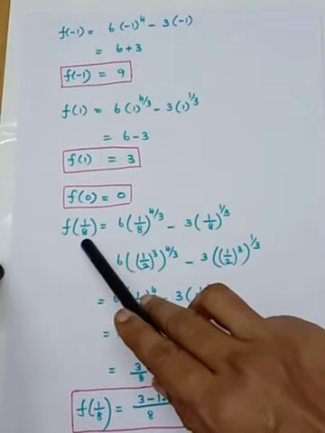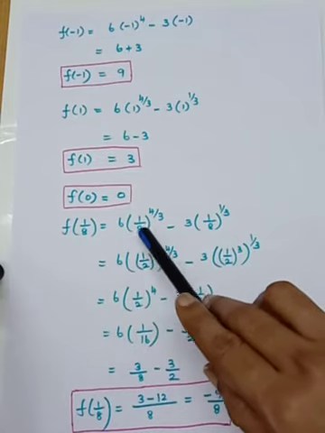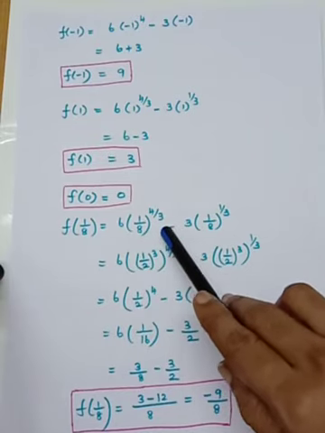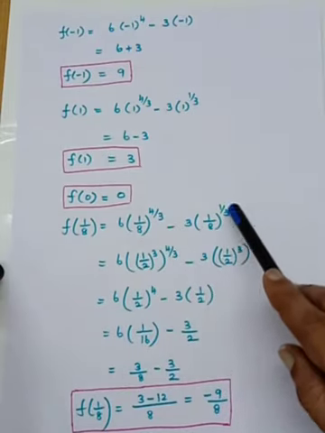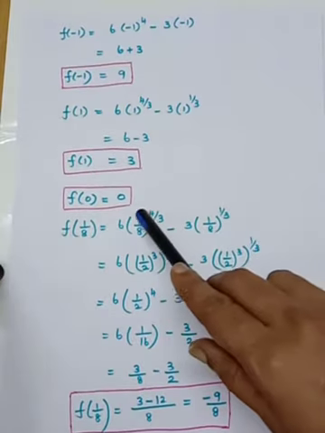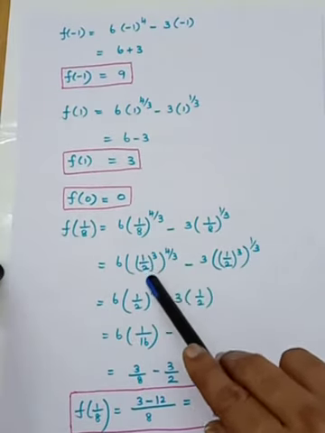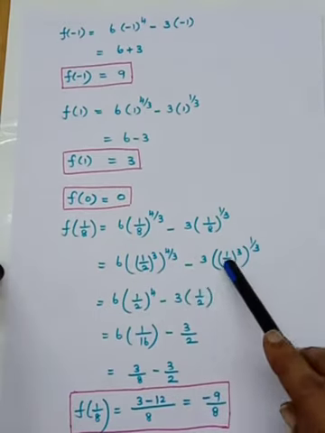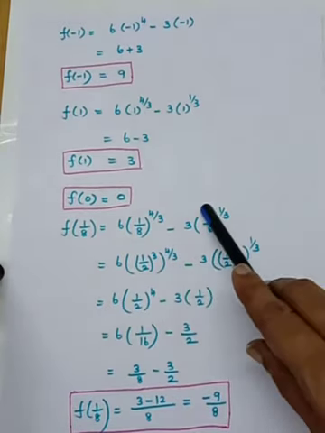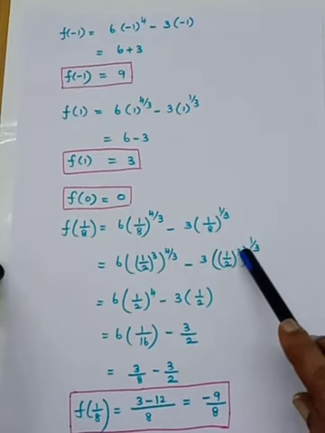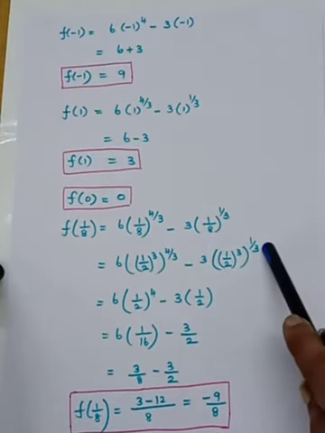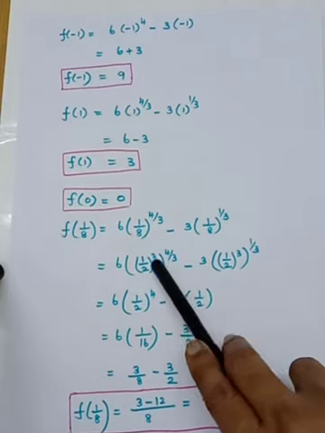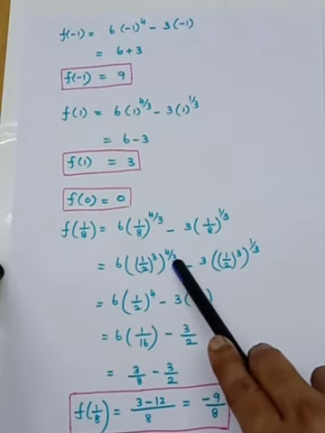Next, f of 1 by 8. So 6 into 1 by 8 the whole power 4 by 3 minus 3 into 1 by 8 the whole power 1 by 3. This 1 by 8 can be written as 1 by 2 the whole cube to the power 4 by 3, and minus 3 into 1 by 8 can be written as 1 by 2 the whole power 3, the whole to the power 1 by 3. So this 3 and here 1 by 3 get cancelled.